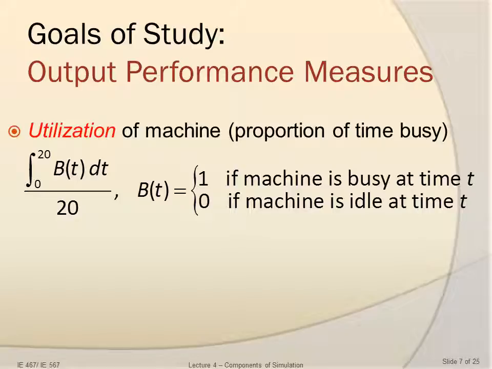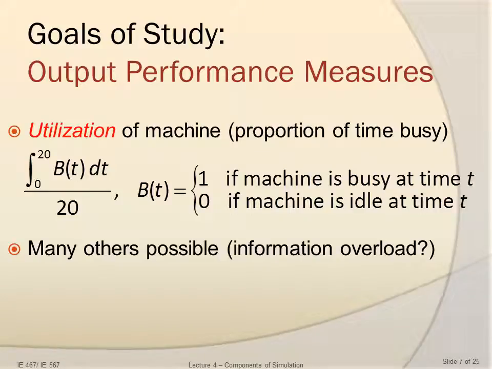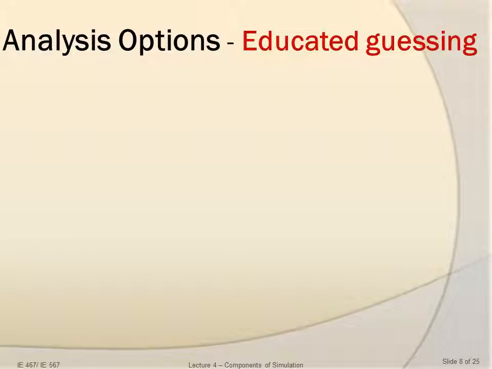Then we integrate B(t) over time from time 0 minutes to time 20 minutes and divide it by 20 minutes. There are, of course, many other possible output performance measures, but we're not going to take a look at those. For now, we're just focusing on the ones that we discussed.